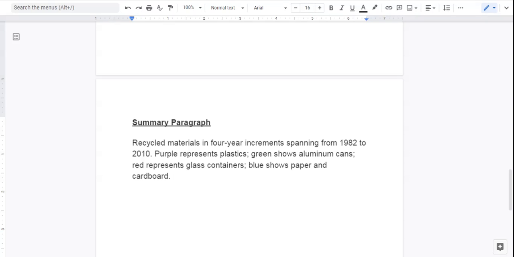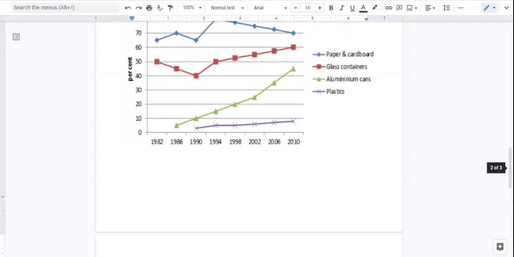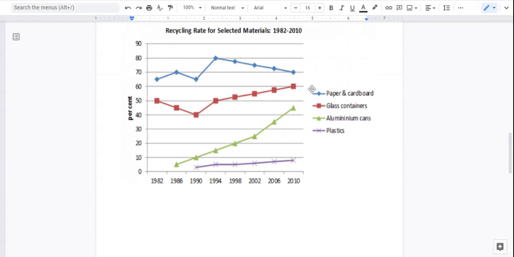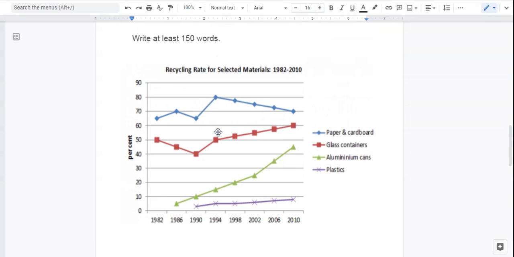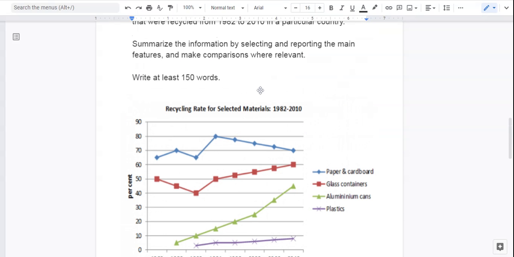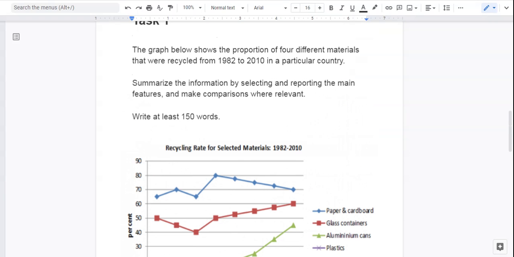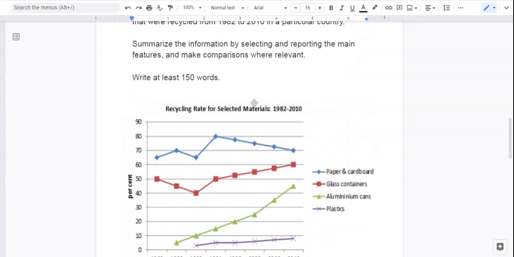Okay, so just sort of looking at how this is set up, writers, I've got 15 minutes remaining. So basically summarizing what is in the graph first, and I'm looking at the prompt, and I need to represent the percentage recycled. So let's look at summarize by selecting and reporting the main features.